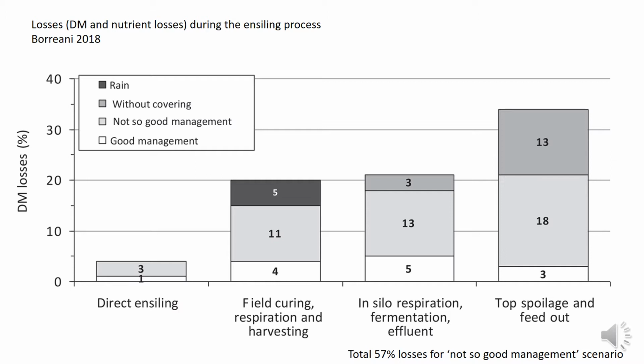So what you can see here is that in a scenario of not so good management, they predict that you could lose 57% under that scenario, compared to 13% under good management. So by changing management practices, there is potential to really reduce losses and increase the nutritional quality of your silage.